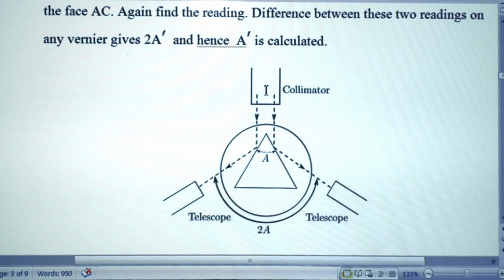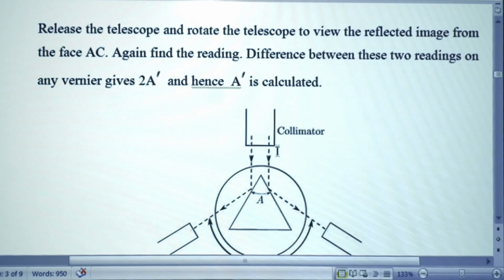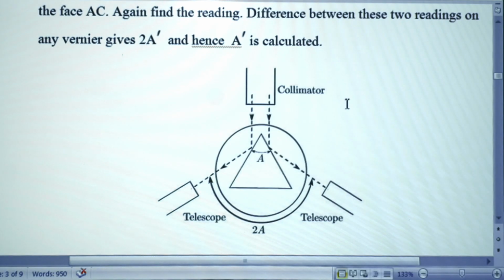Now the collimator is arranged such that the light falls on both the faces, AB and AC. Now we observe the image of the face AB first with the telescope, then take the Vernier 1 and Vernier 2 readings. Then bring the telescope to the other side, observe the image on the other face, that is AC. Then take the Vernier 1 and Vernier 2 readings.